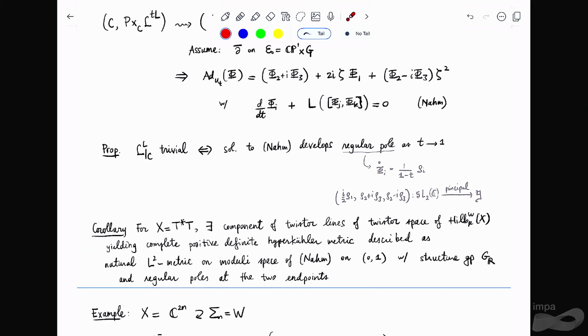And moreover, the metric that you get on the twistor space is actually the L2 metric on this moduli space of Nahm equations. So I guess I'll end here. Sorry.